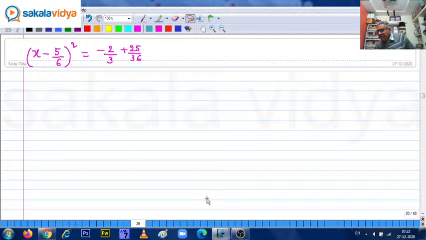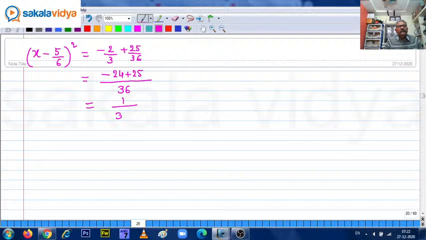Okay, now we need to simplify this one. So now right hand side we can write LCM is 36. 36 by 3, 12. 12 into negative 2 minus 24 plus 25. Am I correct? Now what do you get? What do you get? You expect it. This equals to 1 upon 36, you will get it.